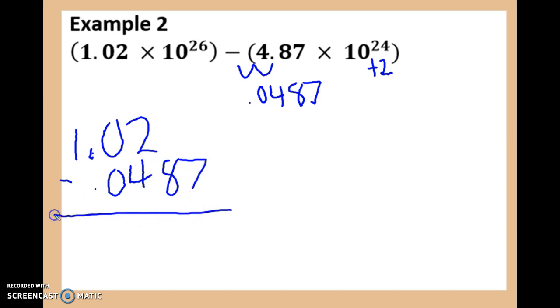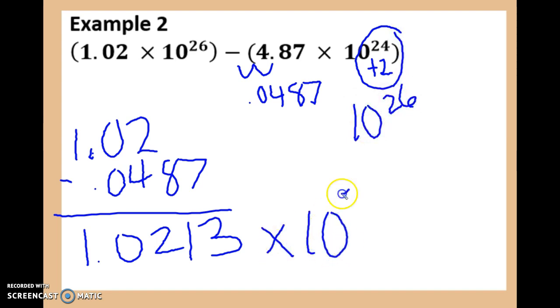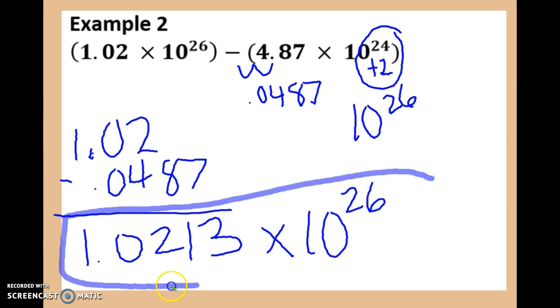Again, line up those decimals. And you should get an answer of 1.0213. And then once we added 2 to our exponent here, it became an exponent with a power of 26. So it would be times 10 to the 26th power. So our final answer would be right here.